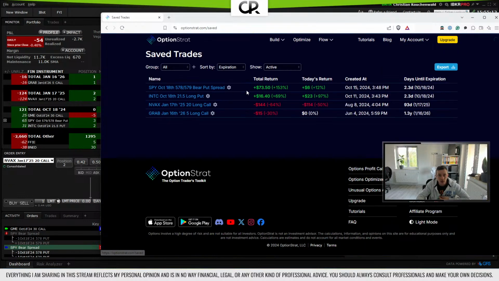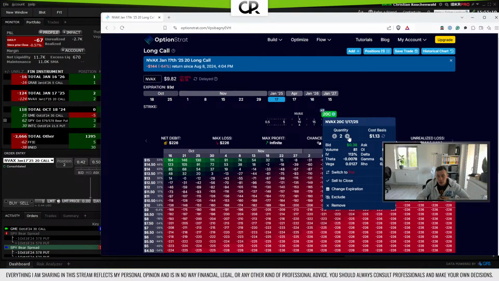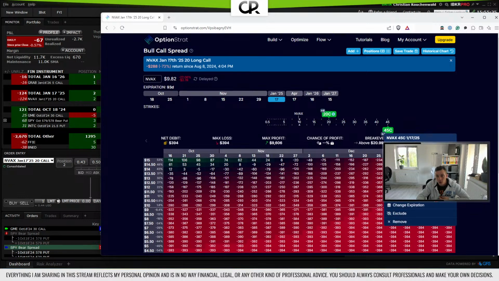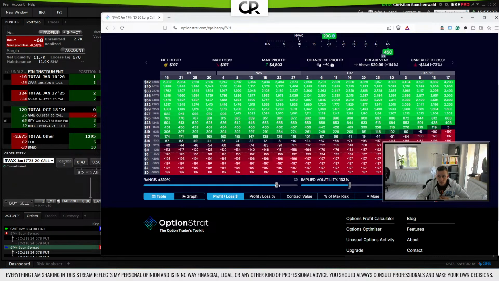Now, if we look at the overall trade, we have our Novavax $20 calls. If we were to do that, we'd add 2 more of those, but on the other hand, we would sell $45 calls, not 4 of them, but 2 of them. And then our overall graph would change like this.